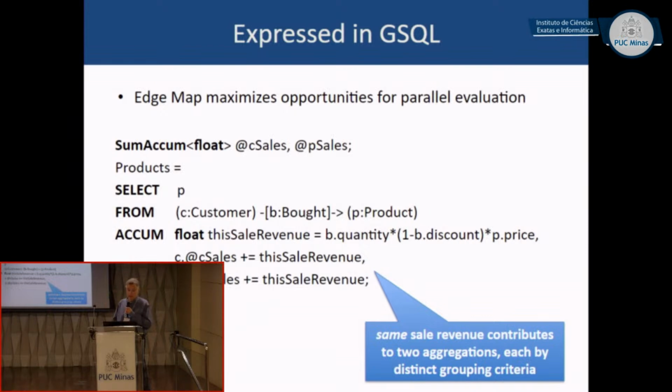Okay, and if you try to write this in SQL, most people will end up writing 2 select from where blocks, because you can't really specify that you want to take the same data and group it this way or the other way in the same block. And you will need a good optimizer to realize that the 2 blocks share the select from where part. It's just different group by clauses, and therefore it should not traverse the data twice.